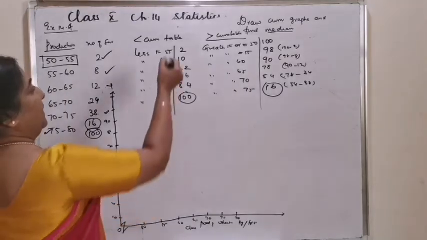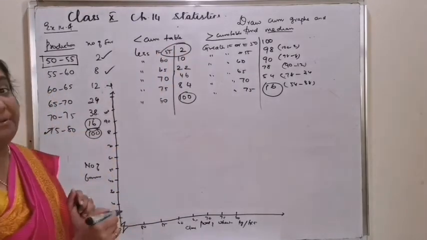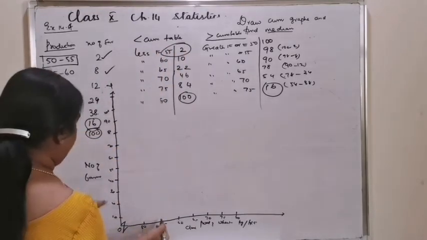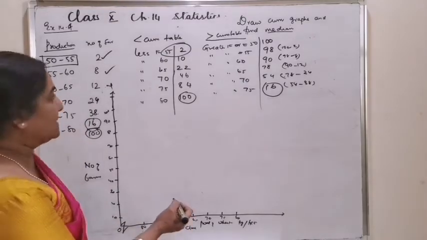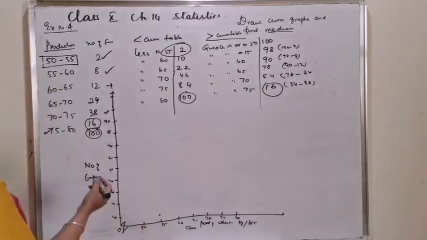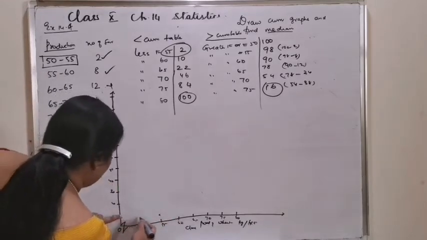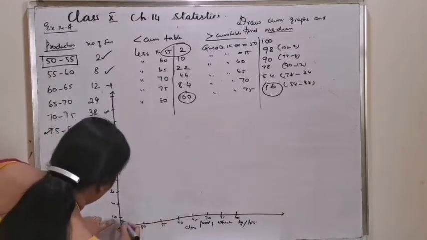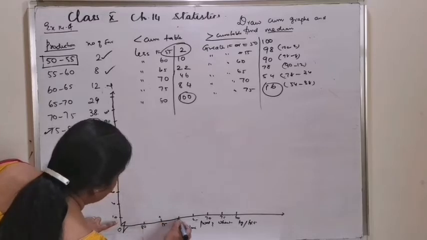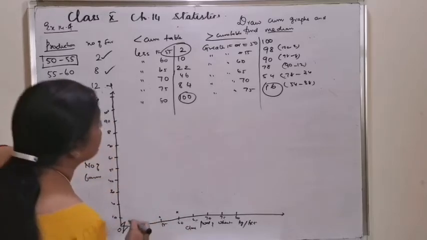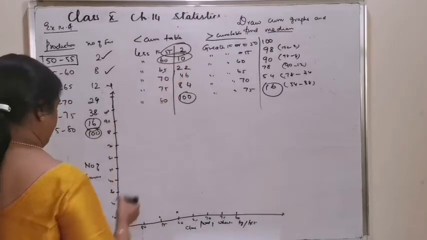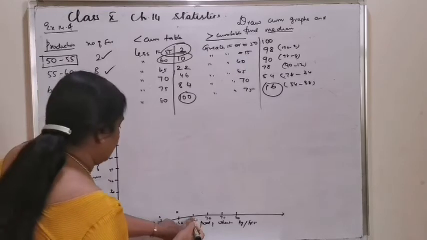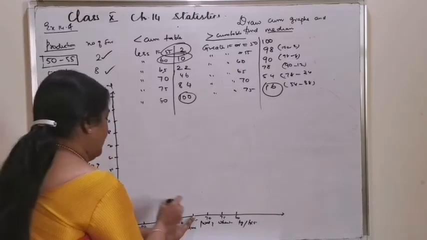The first plotting is for the less than cumulative table, 55 with 2. Mine will be little small. 60 with 10, but you will get an idea. Next is 65, 22.